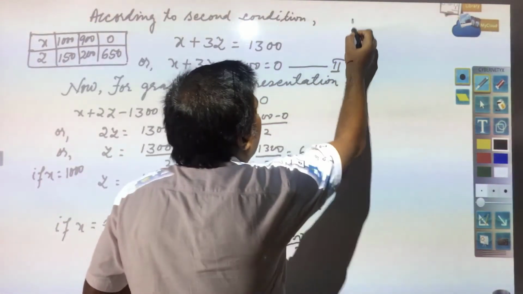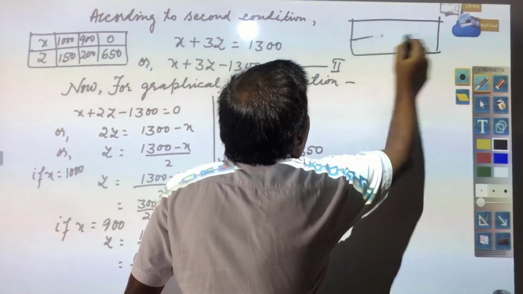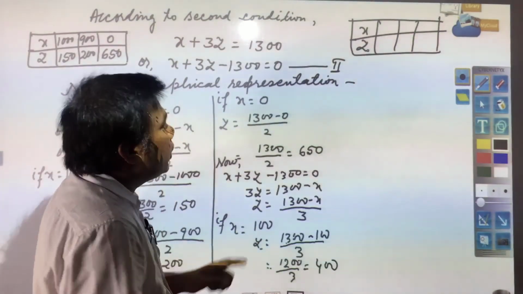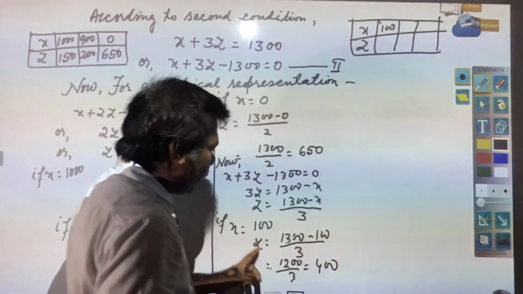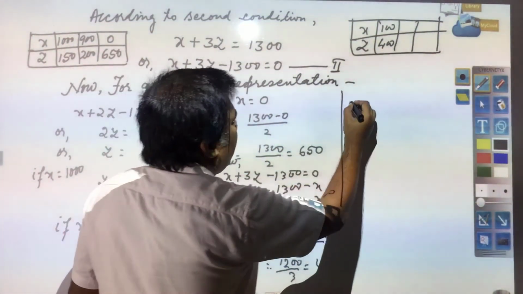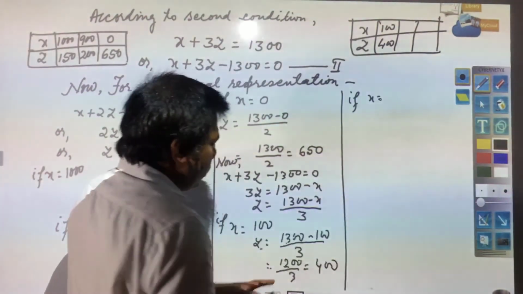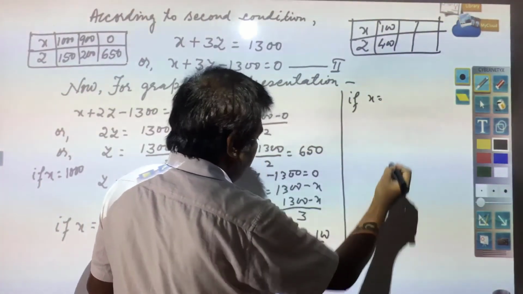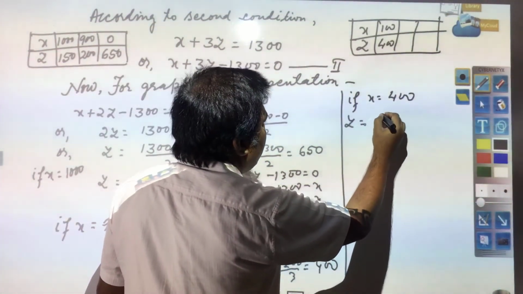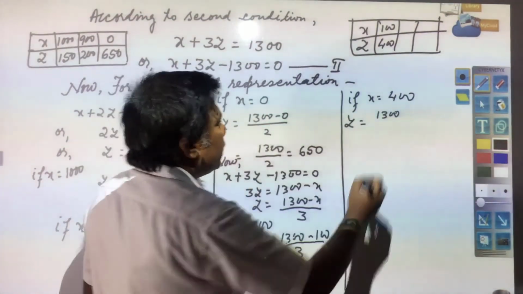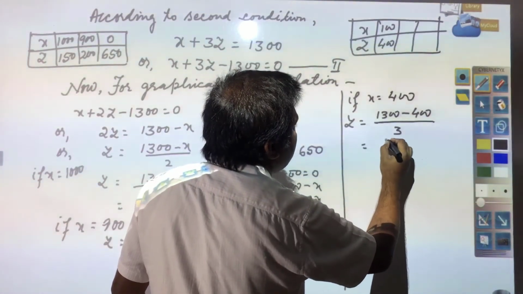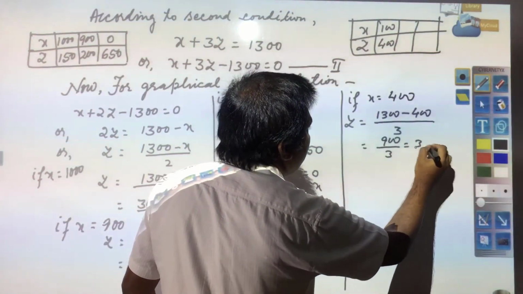So, your next table you will have x when you have assumed 100, your y is 400, and if x is equal to suppose 400, in this case y will be equal to (1300 minus 400) divided by 3, it means 900 by 3 and this will be 300.